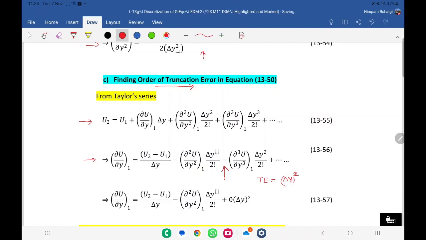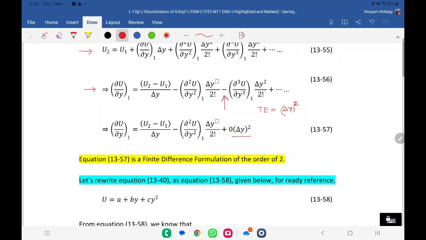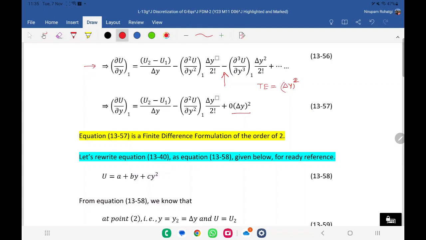Now, the same thing we have done. Now, what we will do is, now we will show that the formulation we have written is similar to this. And because it is similar to this, the order of error in both of them are same.